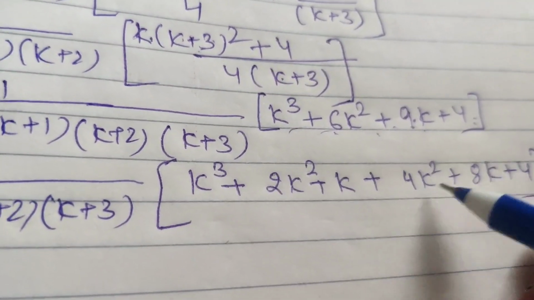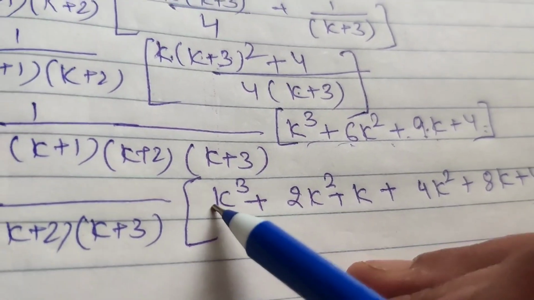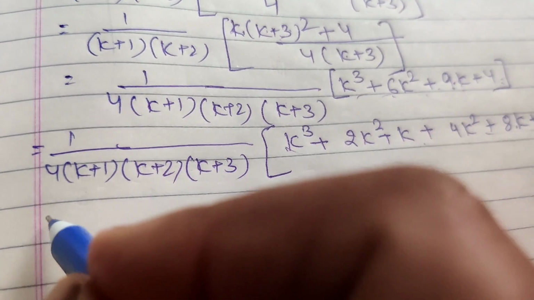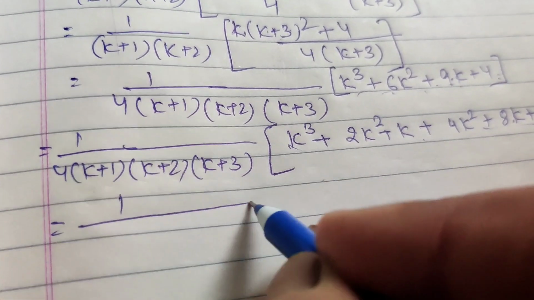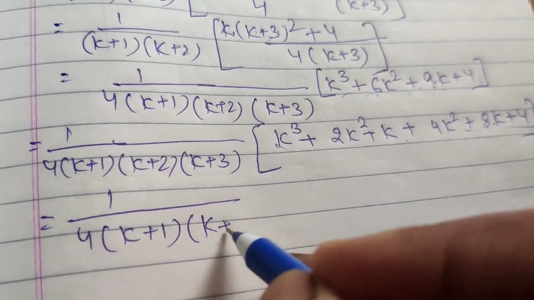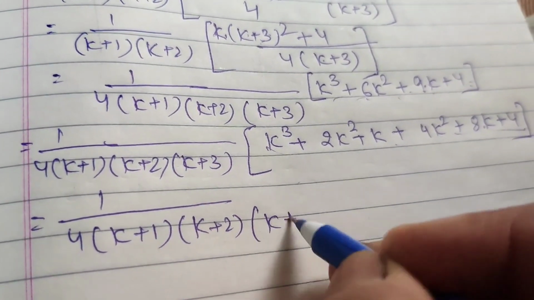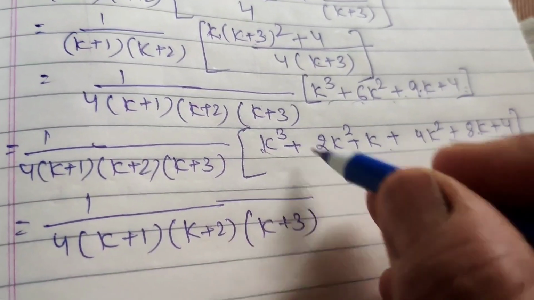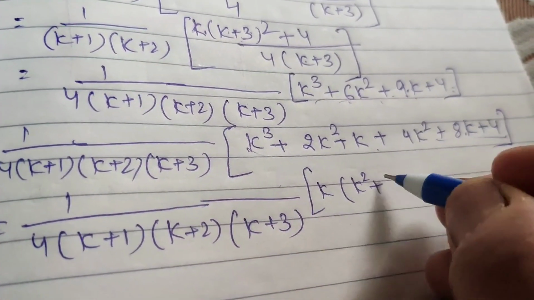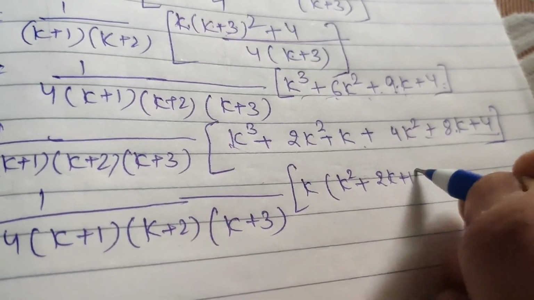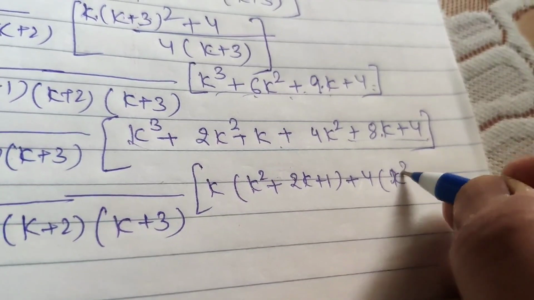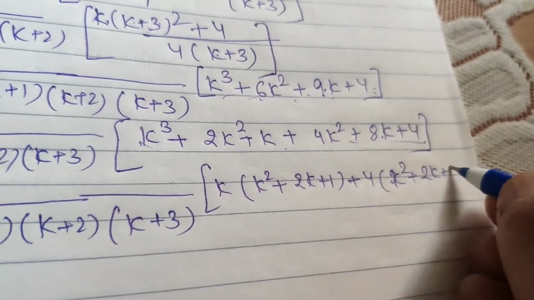We split the terms to take common: k common in the first group, and 4 common in the second. Taking k common gives k times (k square plus 2k plus 1), and taking 4 common gives 4 times (k square plus 2k plus 1).